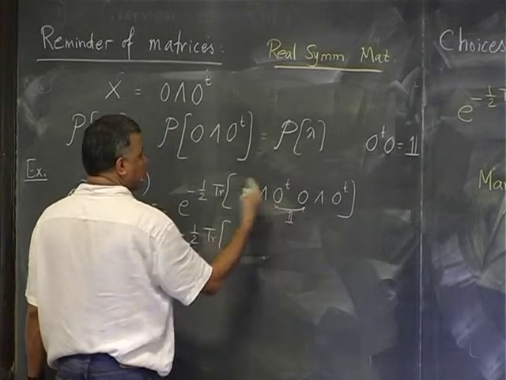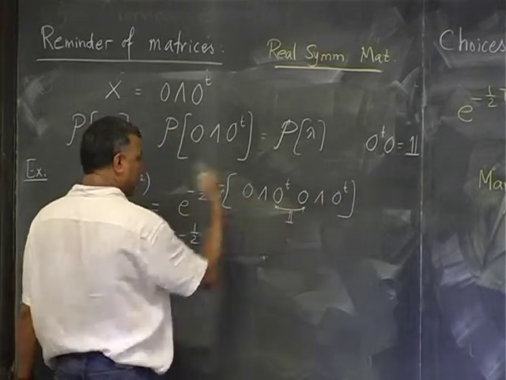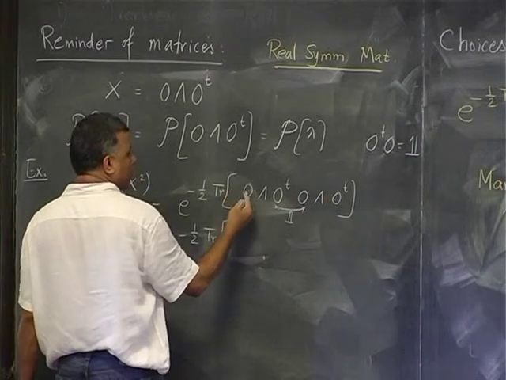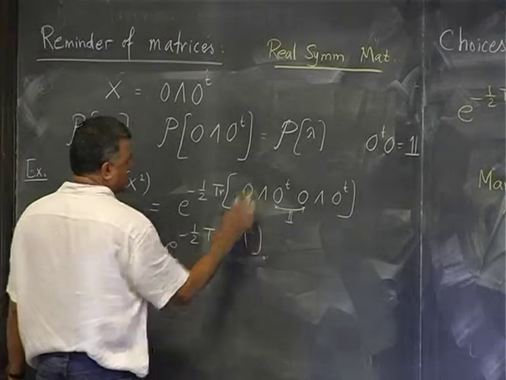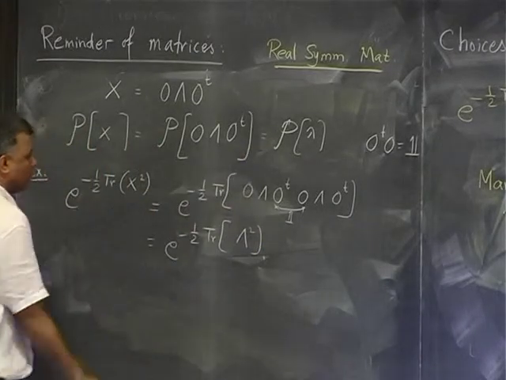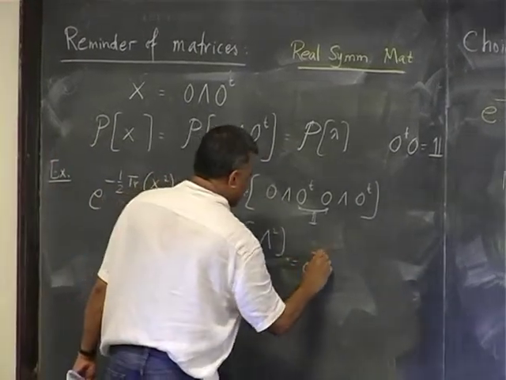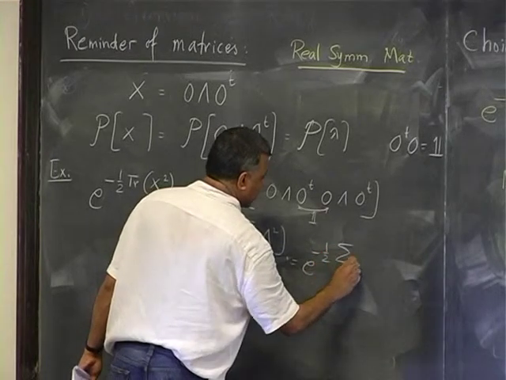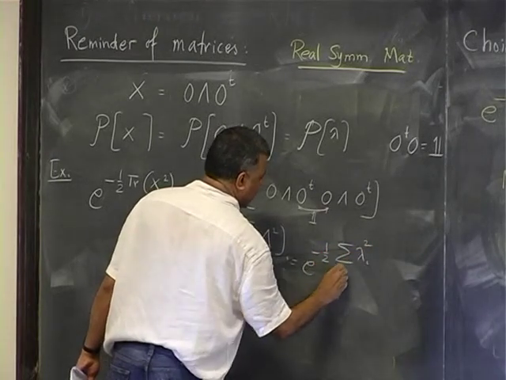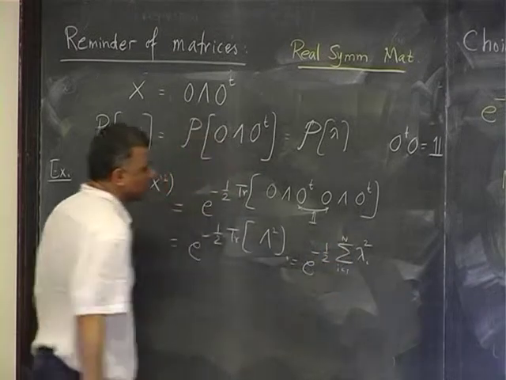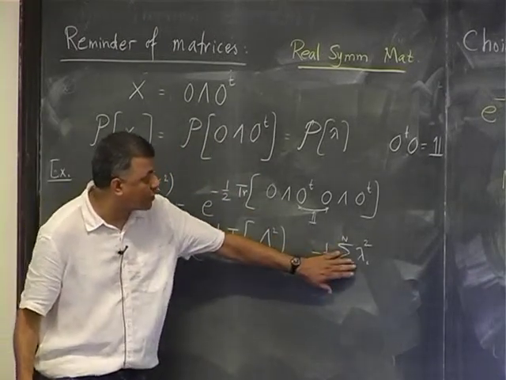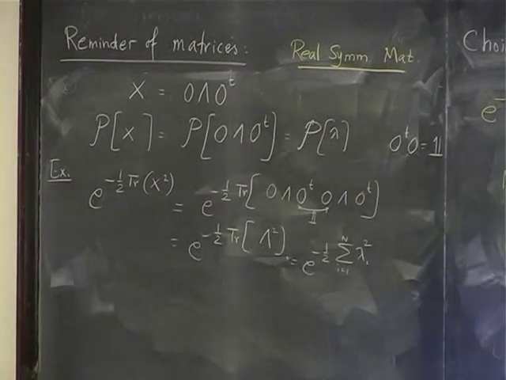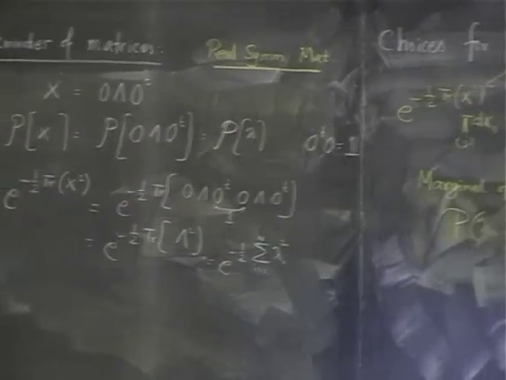And this guy you can take to this side, because under the trace you can make a cyclic rotation. So this guy comes here and becomes unity also. So basically what you have is trace of lambda squared. So this is just e to the power minus half summation lambda i squared. This part does not depend on the eigenvectors, so it comes out as an overall factor, outside.